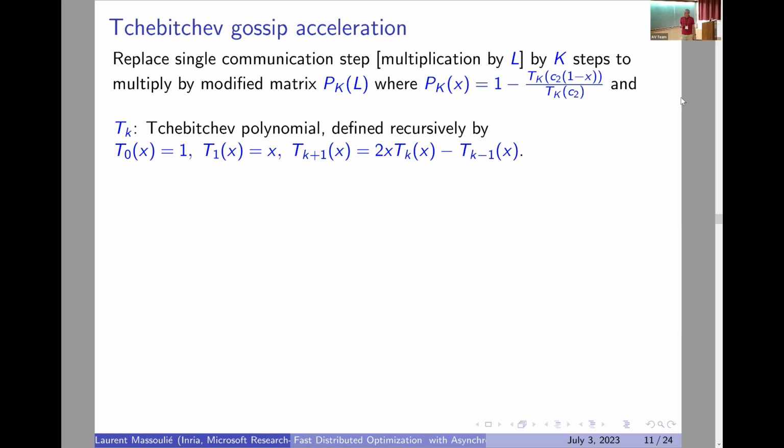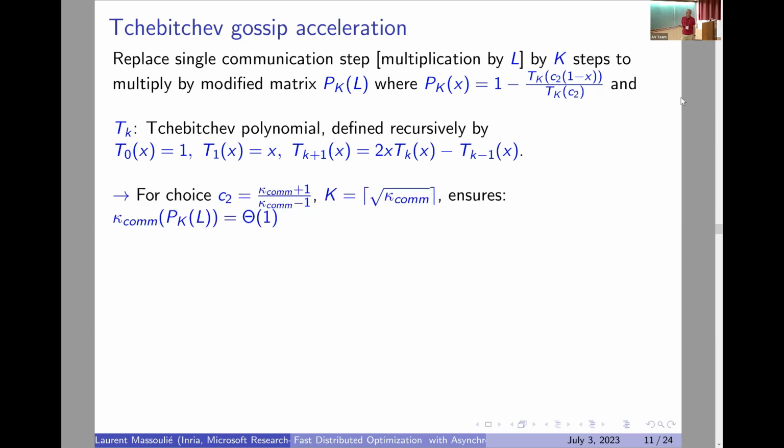And the reason for doing that is as follows. Thanks to precise knowledge we have on Chebyshev polynomials, we know that if, say, we had a bad condition number for communication, and if we pick a Chebyshev polynomial in here of a degree that is of order the square root of this condition number for communication, then the new condition number for the matrix P_k of L becomes order 1.